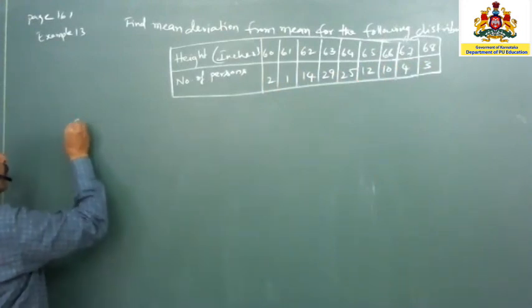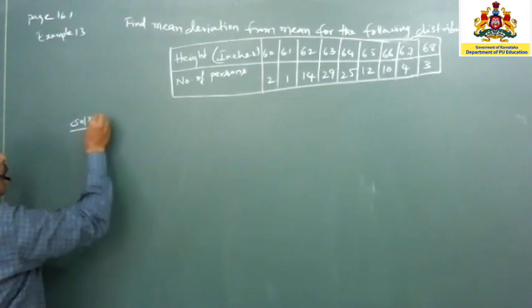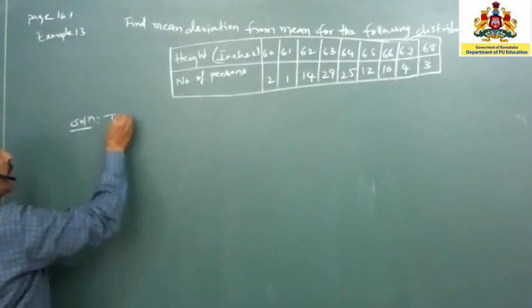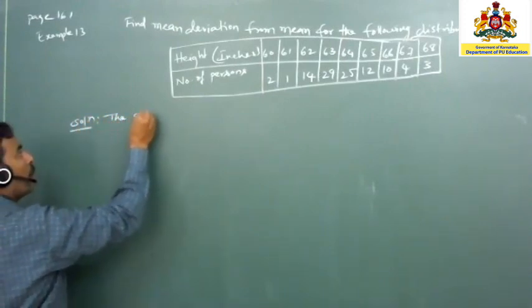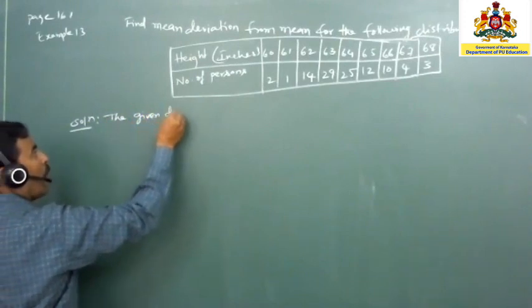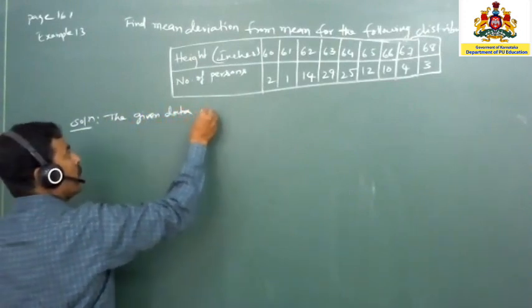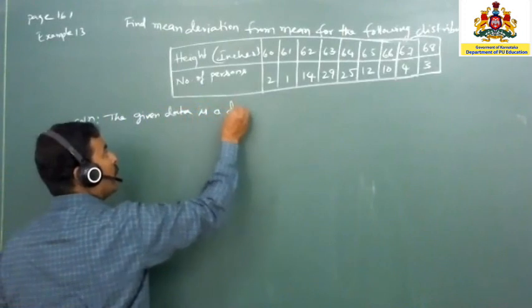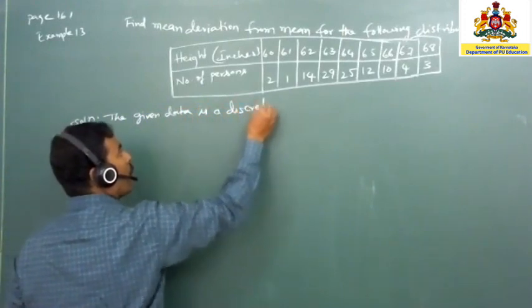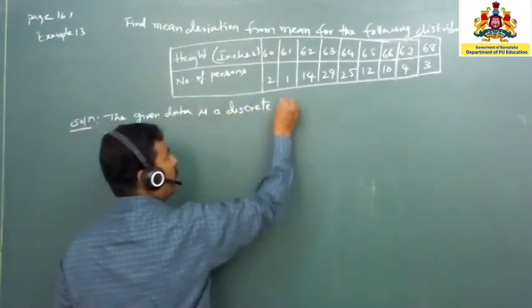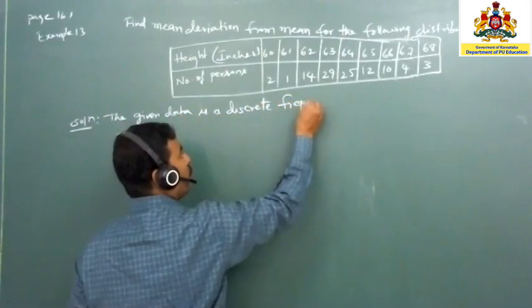Solution. The given data is a discrete frequency distribution.